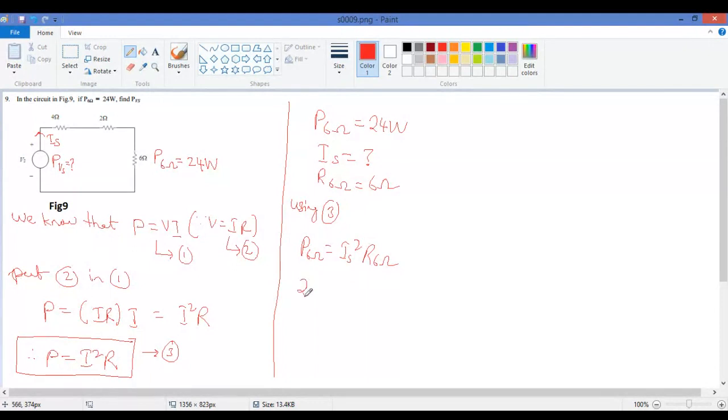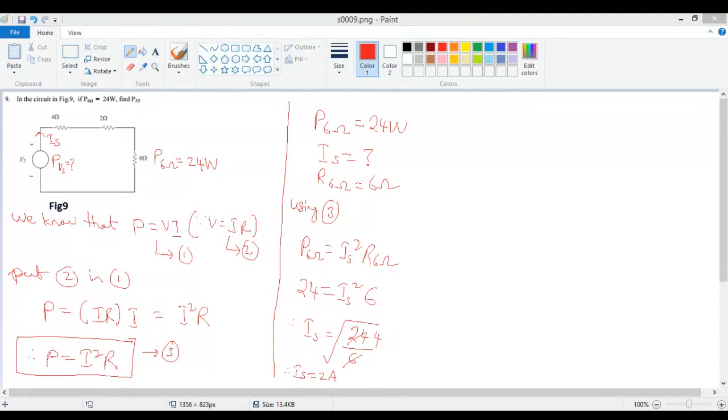So power of 6 ohm, 24 watts, is equal to Is square, and R here is 6 ohm resistance. Therefore I can find out Is is equal to the square root of 24 by 6. So 6 fours are 24. Therefore Is you will get as 2.